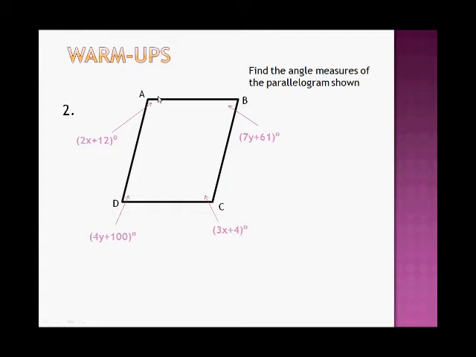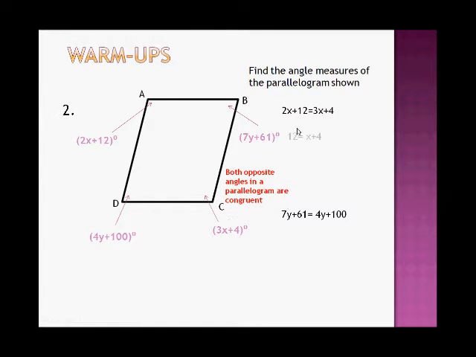So, here we are going to find the angle measures of the parallelogram shown. We know that A and C are congruent, and B and D are congruent. So we set up the equations to equal each other. And we know this because opposite angles in a parallelogram are congruent.